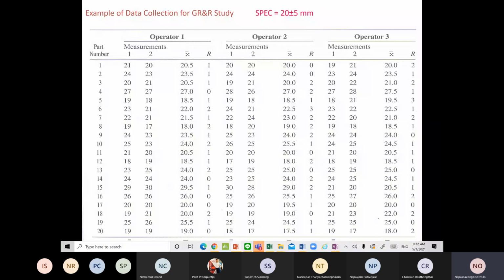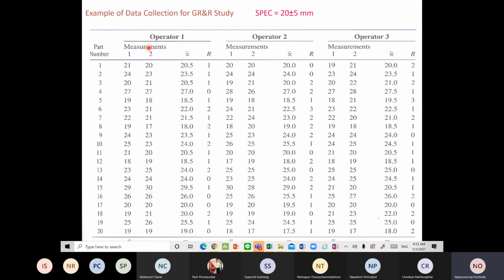Suppose we want to appraise repeatability and reproducibility performance. That means we have to take different operators and ask them to do measurements. Suppose we have 3 operators, 1, 2, 3. So we can appraise reproducibility.